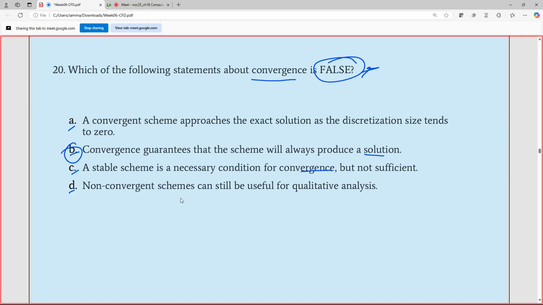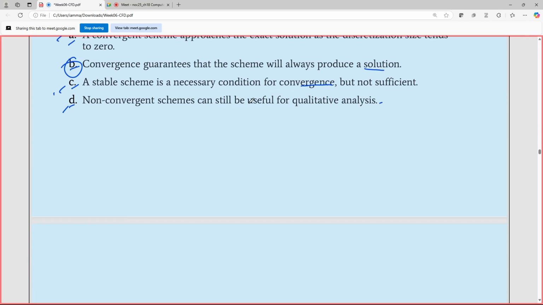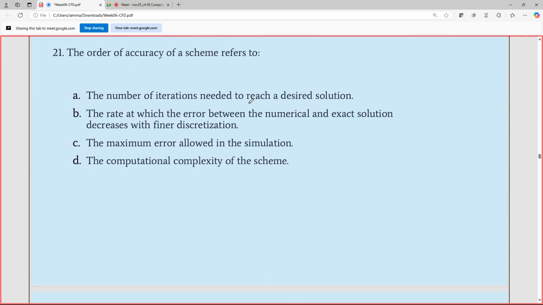Also, non-convergent schemes can still be useful for qualitative analysis. So A, C, and D are true, whereas option B is false regarding convergence of a numerical scheme. Moving on to next question.